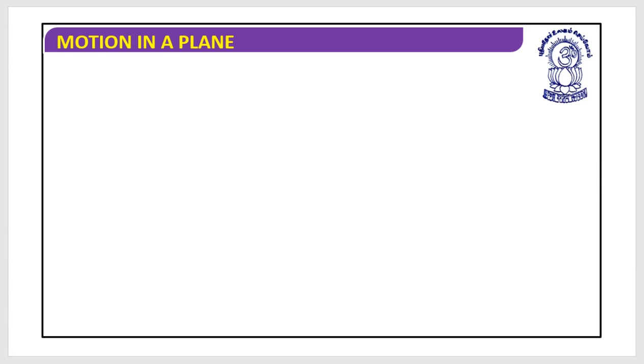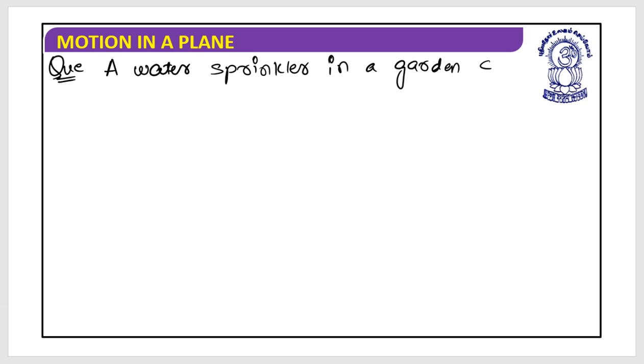Okay, let's have a look. The question is: a water sprinkler in a garden can throw water with speed u.